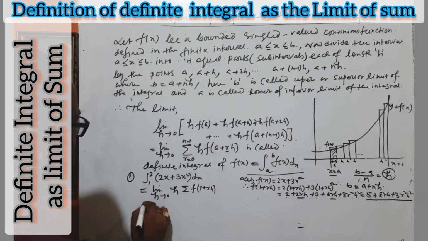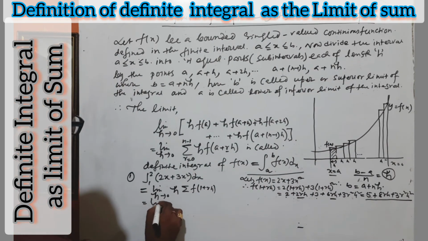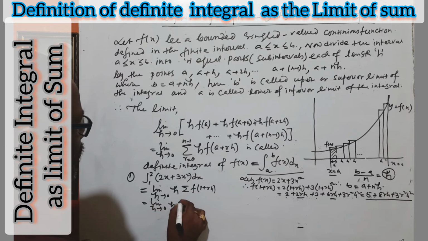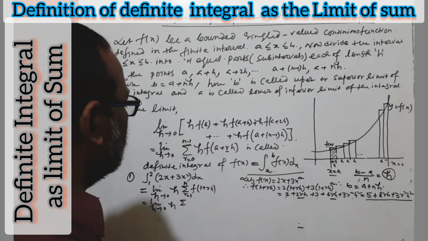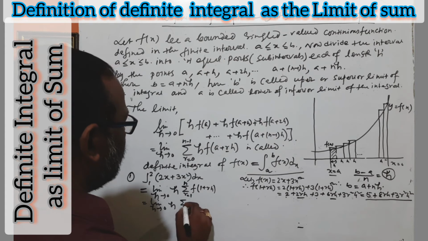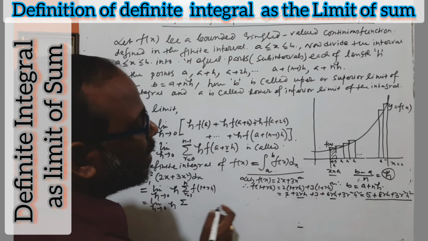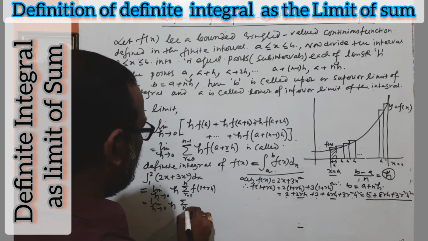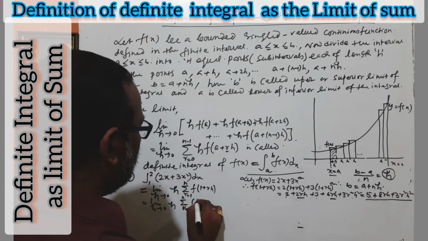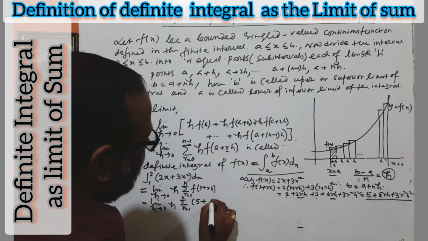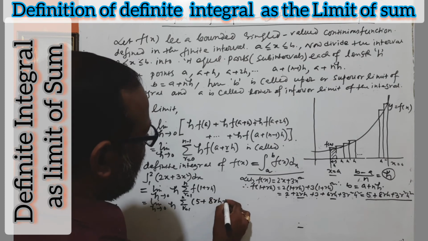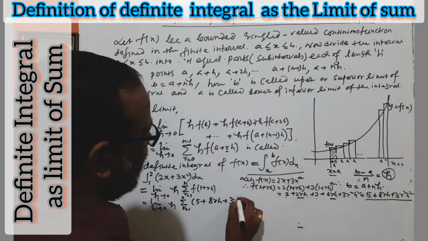Okay, and this is equal to limit h tends to 0, summation r equal to 1 to n of 5 plus 8rh plus 3r squared h squared.